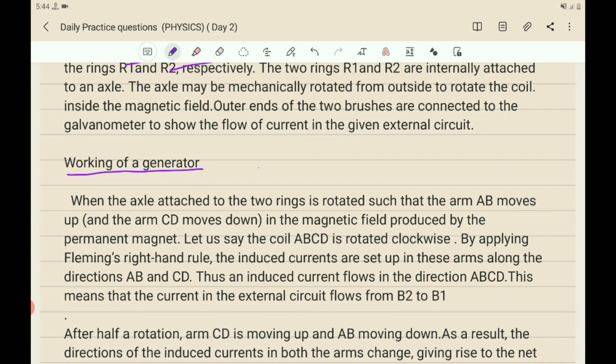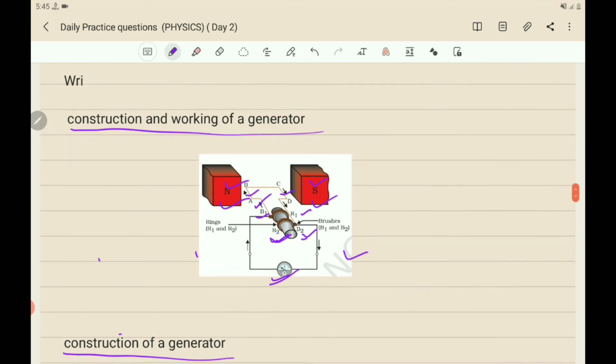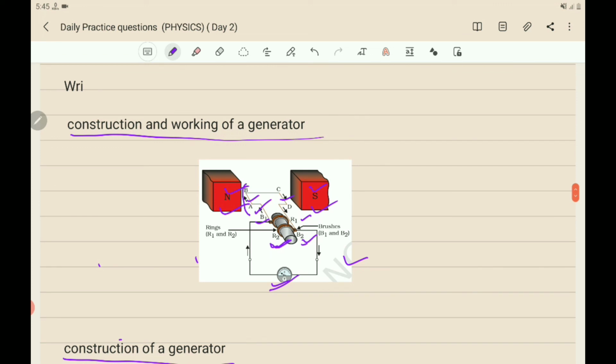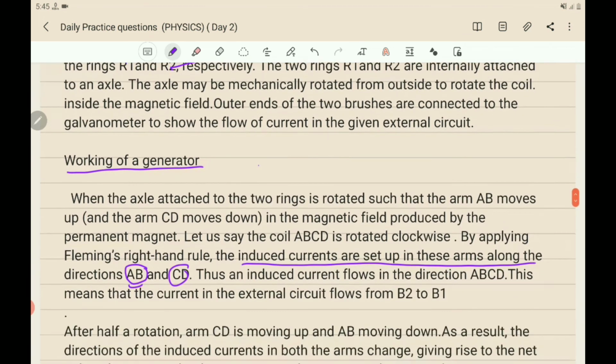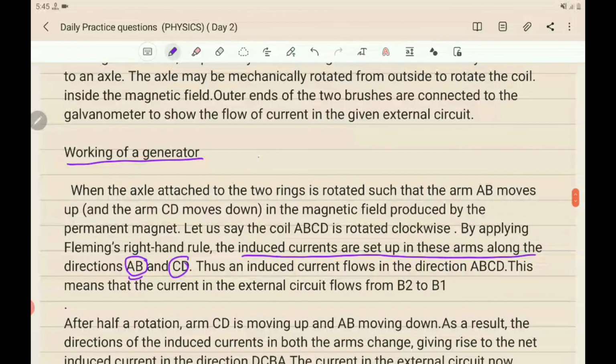By applying Fleming's right hand rule, the induced currents are set up in these arms along the direction ABCD. That is, in AB it is from A to B, in CD it is from C to D. Thus, an induced current flows in the direction ABCD.